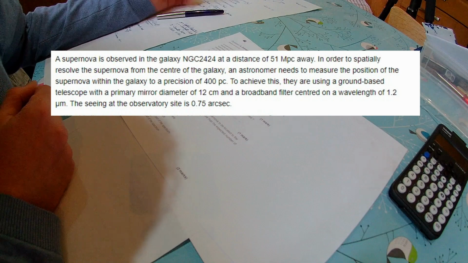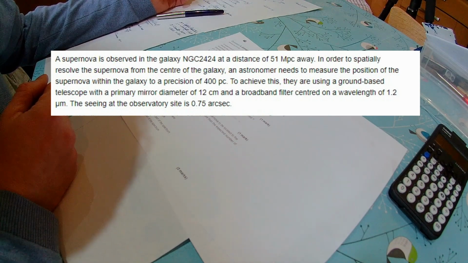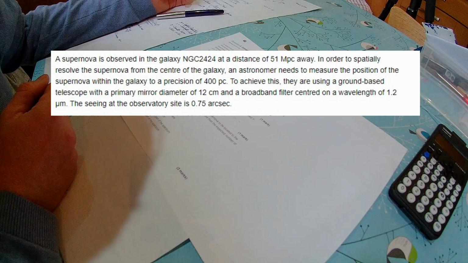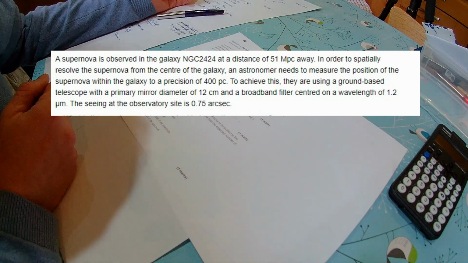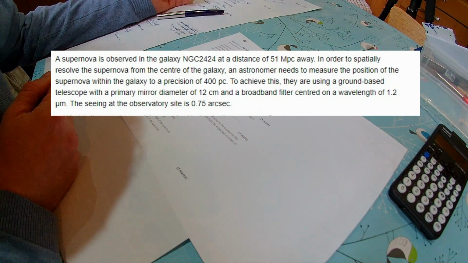To achieve this, they are using a ground-based telescope with a primary mirror diameter of 12 centimeters and a broadband filter centered on a wavelength of 1.2 micrometers. The seeing at the observatory is 0.75 arcseconds.